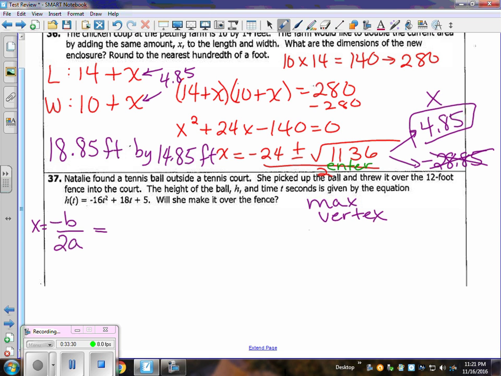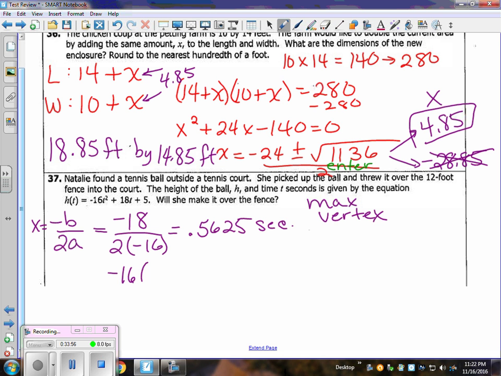So we're going to do the algebra. Opposite of b, negative 18, over 2 times negative 16. This is going to give us 0.5625. So that's our time. This is seconds when it gets to its maximum. We want to know how high it's going to be, so we've got to plug that back into our equation.